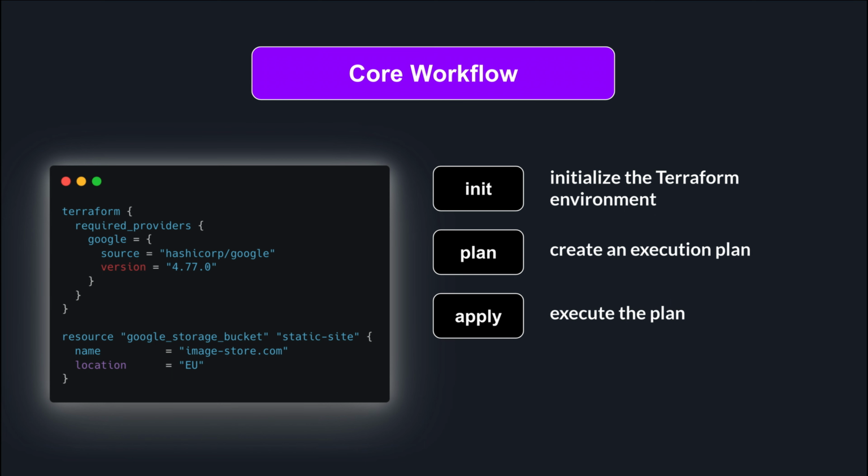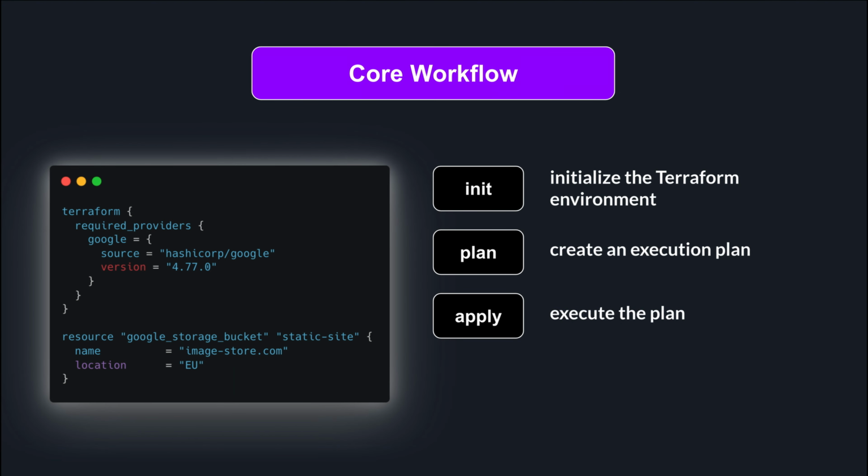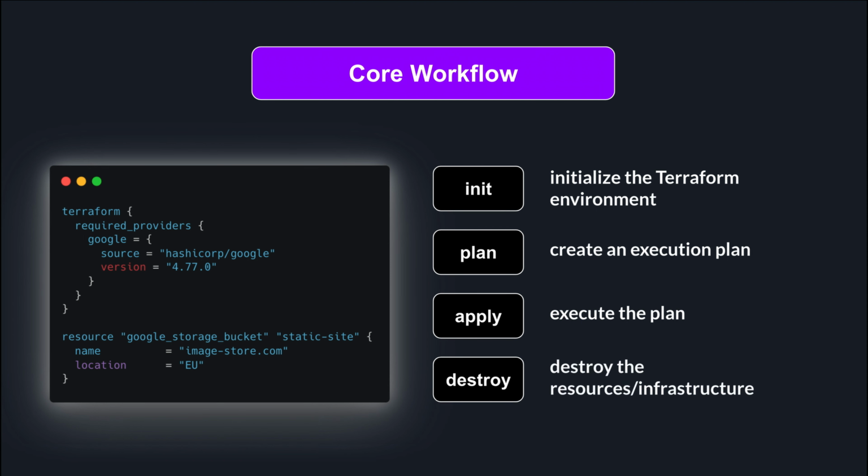Terraform interacts with the cloud providers' APIs to create, modify, or delete resources as needed, ensuring that the infrastructure matches your configuration. If and when resources are no longer required, you can use the terraform destroy command to deprovision them. Terraform will identify the resources based on your configuration and remove them from your cloud environment.